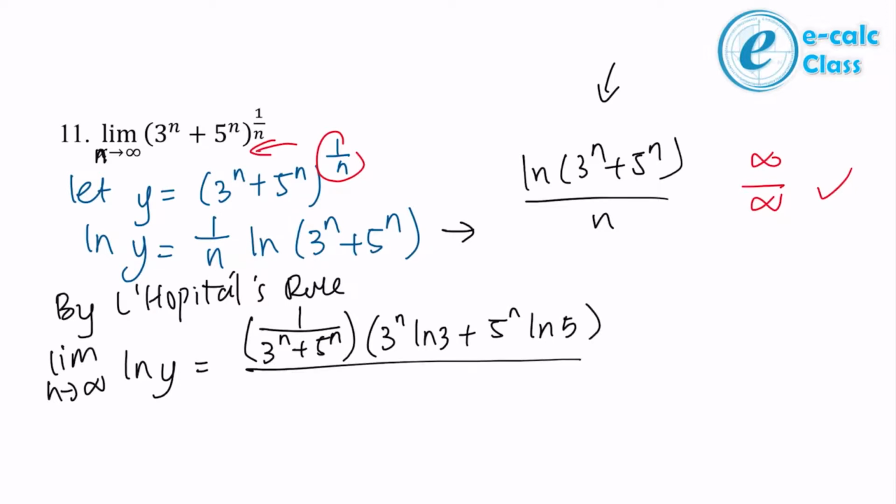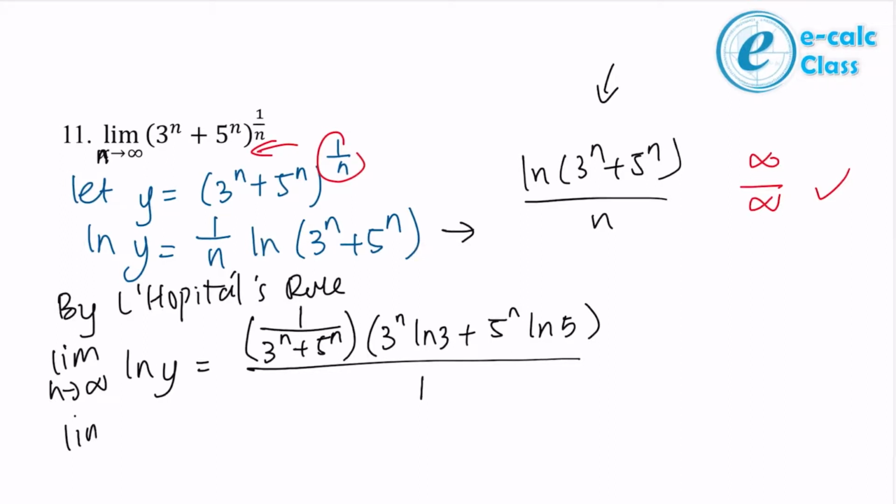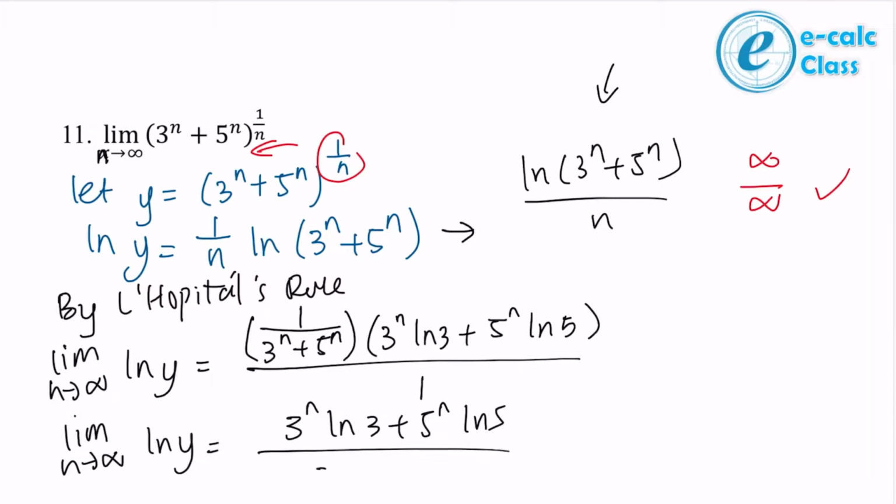Then the whole thing over 1. Oh, this is very interesting. Let me just write it clearer to you: 3 to the n ln 3 plus 5 to the n ln 5, over 3 to the n plus 5 to the n. Now it is still infinity over infinity, isn't it?